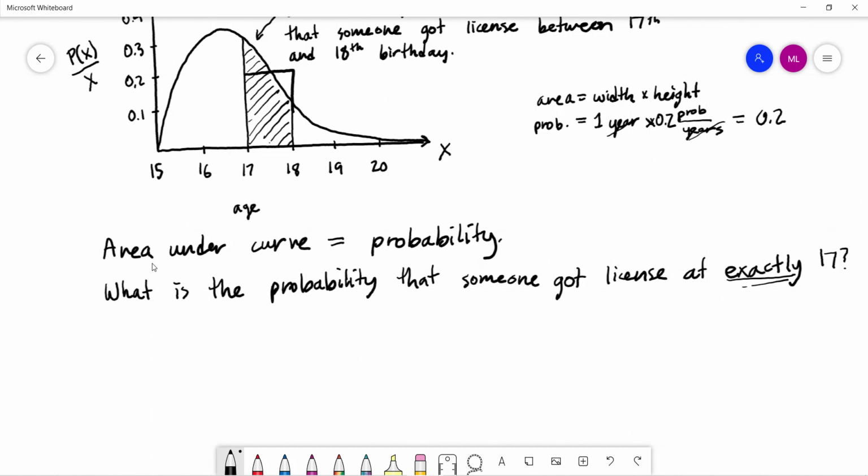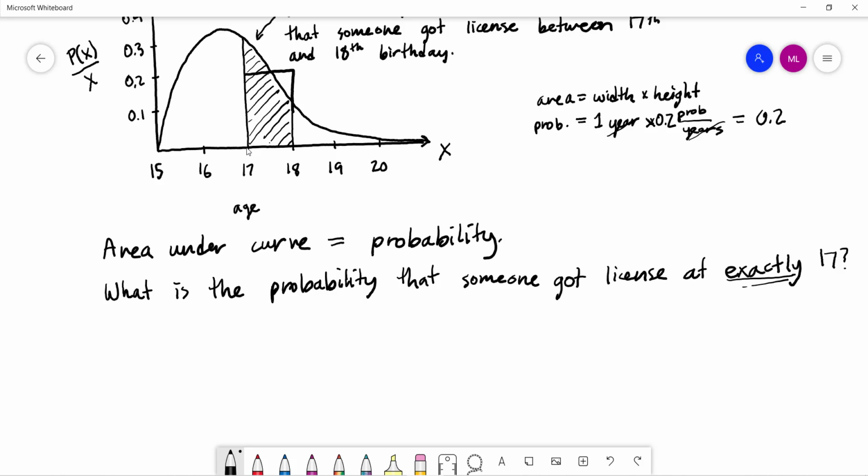I don't mean sometime during their 17th year. I don't mean when they were 17 years old. I don't mean on their birthday, or on the day they turned 17. I mean they were given their driver's license the exact less than a nanosecond that they turned 17 years old. What is the probability of that?